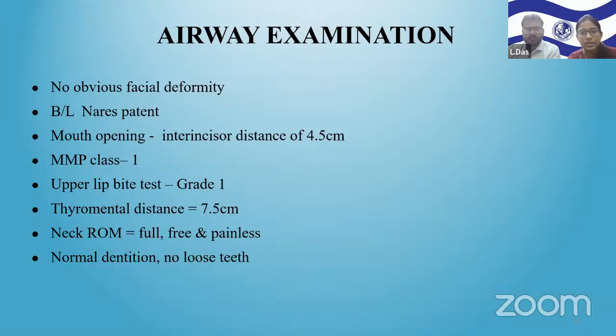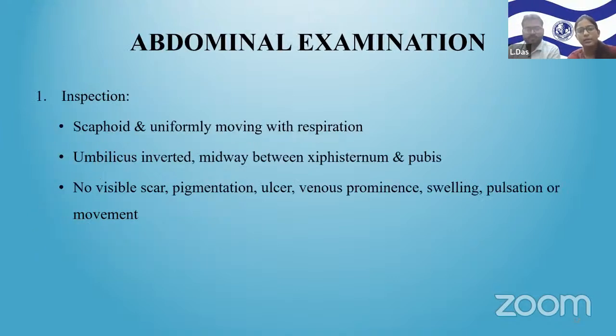Mouth opening shows an interincisor gap of 4.5 centimeters, modified Mallampati class 1, upper lip bite test grade 1, thyromental distance of 7.5 centimeters, neck range of movement is full, free, and painless, normal dentition, and no loose tooth. Coming to the abdominal examination, on inspection, the abdomen is scaphoid and uniformly moving with respiration.